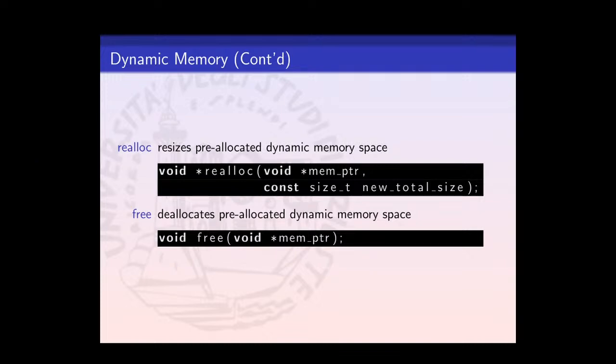And finally, what if you keep allocating space and never release it? You end up wasting a lot of space. Because it may be the case that, for instance, some of the space you already allocated is no longer useful for your program. So you have to deal with all this allocation, and this is done by the free function.